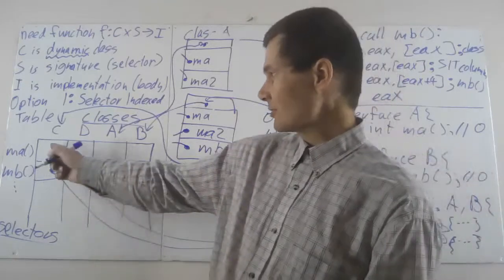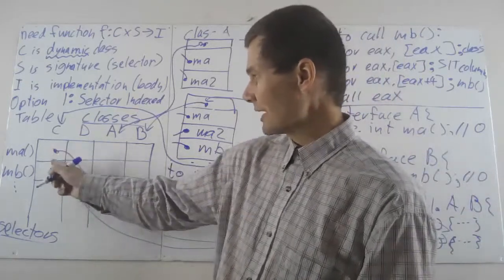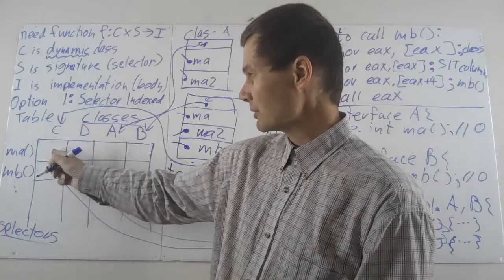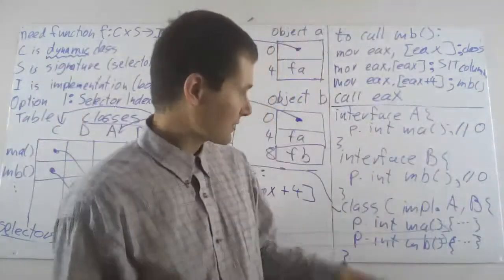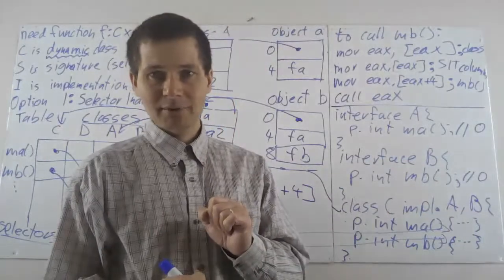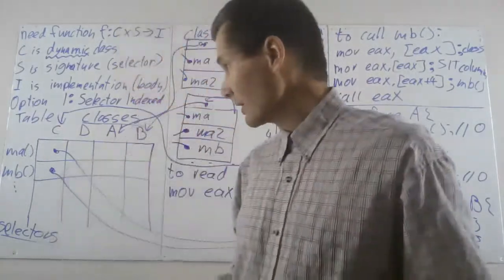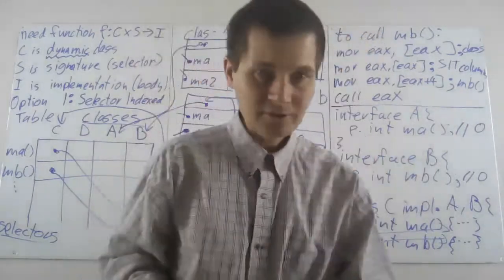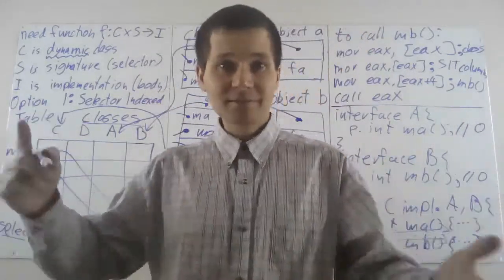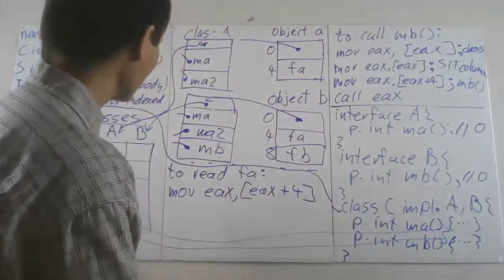And again, you can use labels, so you can have the compiler generate labels that the assembler will resolve to the addresses of the method implementations. Okay, so it's fairly simple to generate. It's fairly efficient to use, but there's always a but, right?